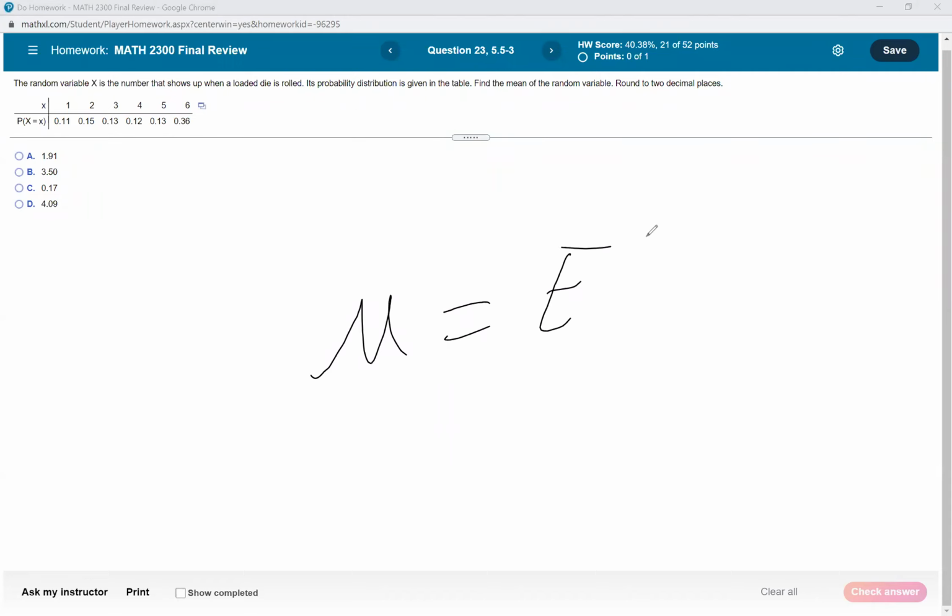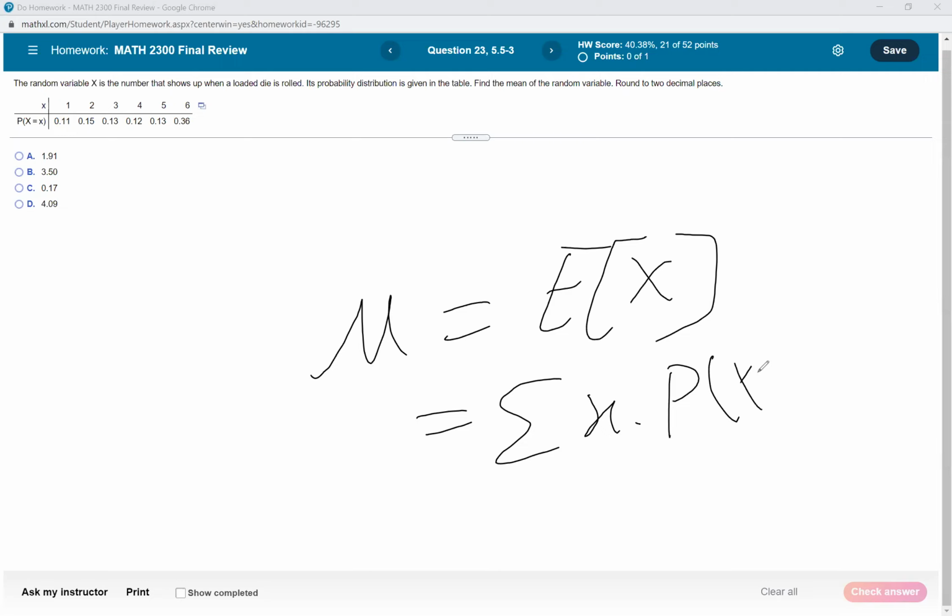Mu is the expected value of X, which is the summation of X times the probability of X. We multiply each value of X by the corresponding probability and add them together.